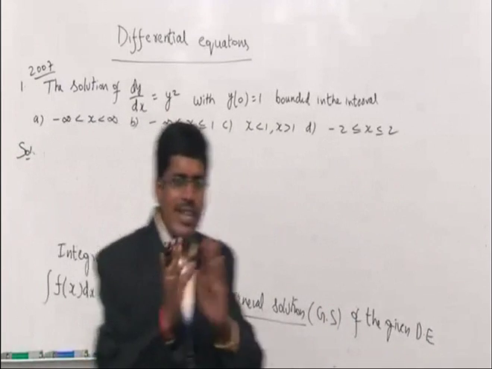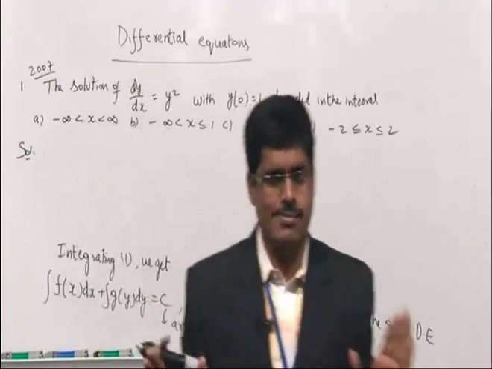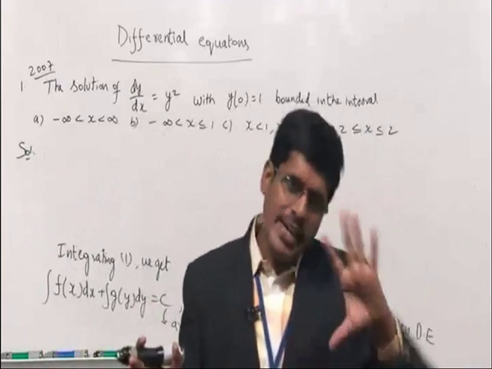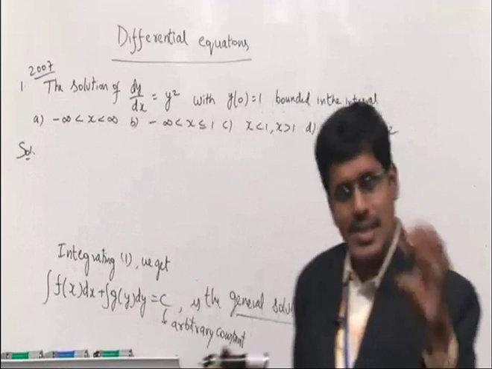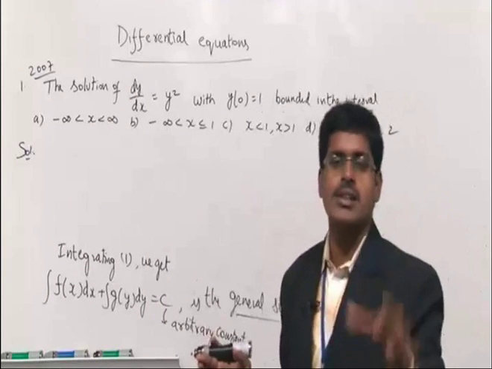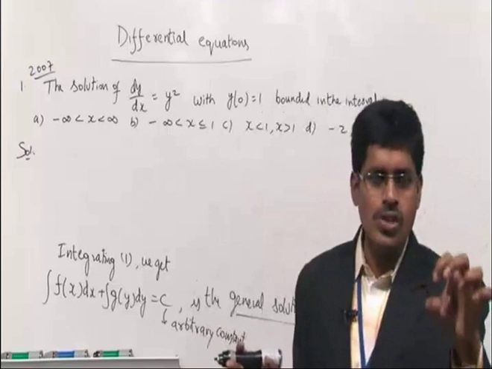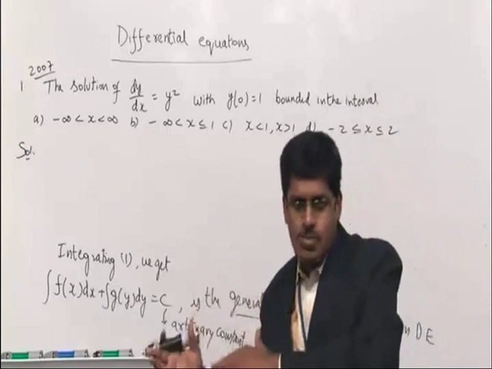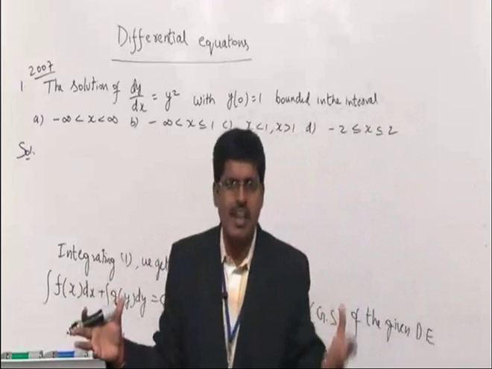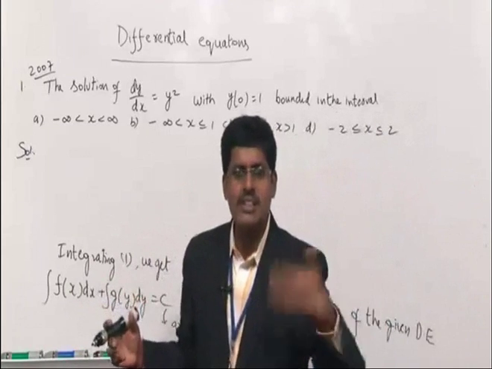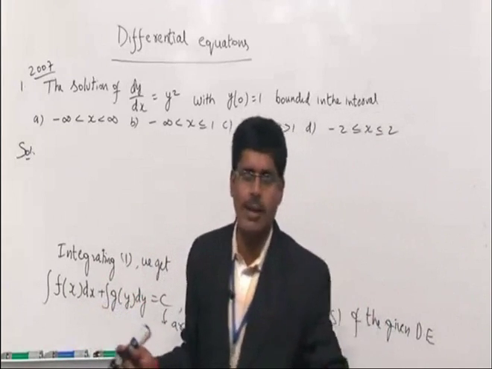Suppose if you get while solving y is equal to 1 by x, that is defined everywhere except 0. 1 by 0 is not defined. So in such way, I considered one example. After solving, you find y is equal to in terms of x, and according to the options, you find the corresponding x values, that is domain. y is defined everywhere, those values of x are called domain.